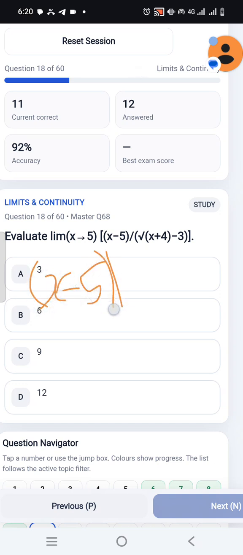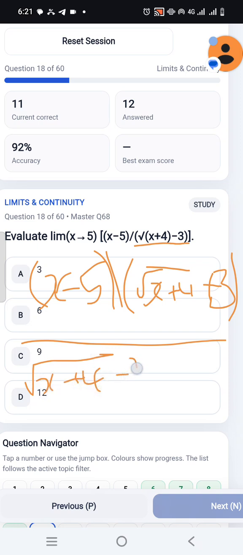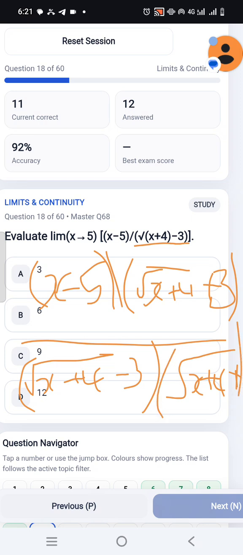So you still multiply the numerator by the conjugate of this, that is square root of x plus 4 plus 3. Then the denominator will be square root of x plus 4 minus 3 times square root of x plus 4 plus 3. Do you get it? It's because of space I was unable to write it finish.